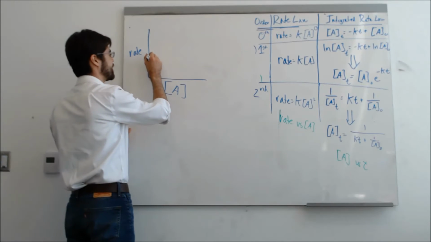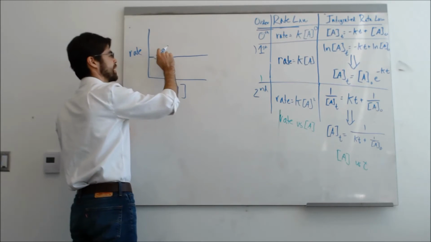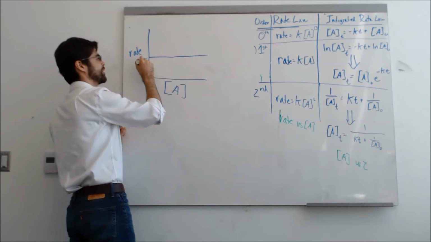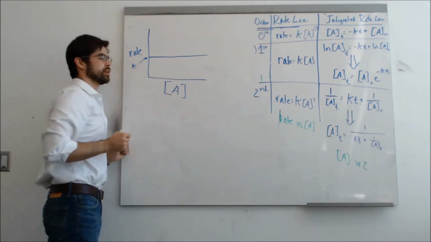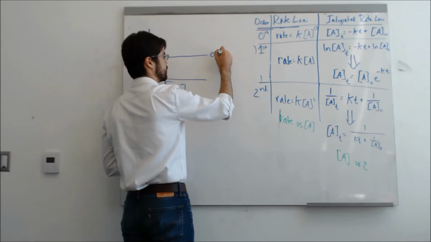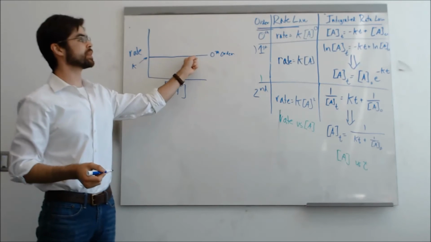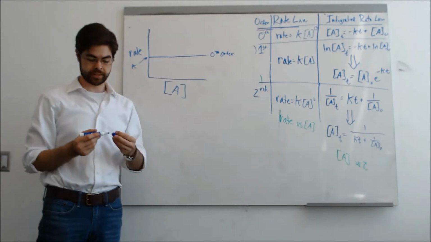So if I were to plot that out, the rate should be flat. The actual value of this should just be equal to the rate constant for that reaction. So this would be if you have a 0th order reaction, again, because the rate is completely independent of concentration.